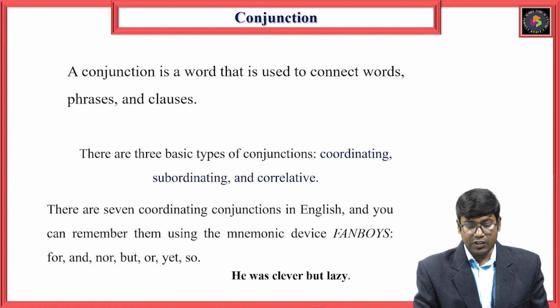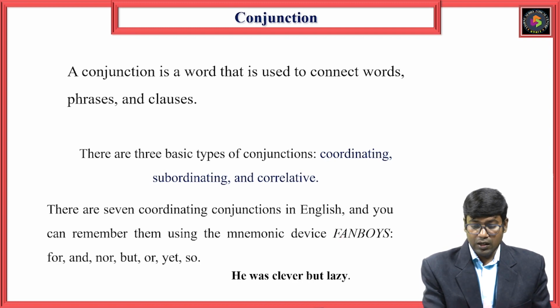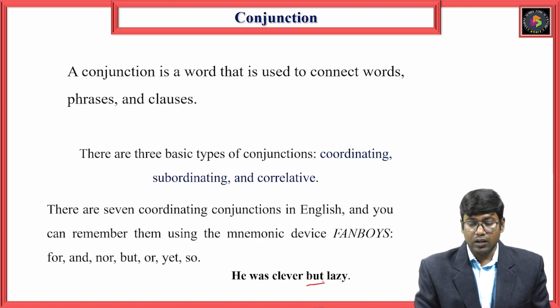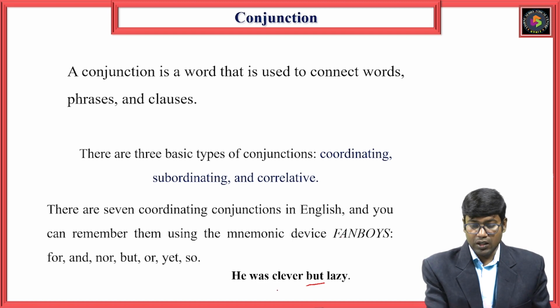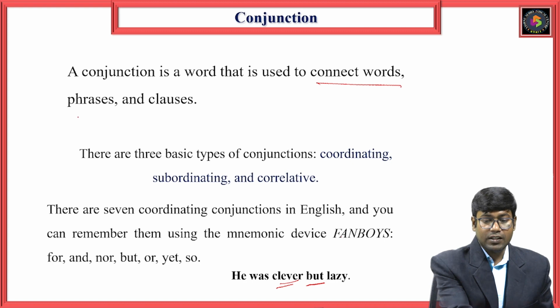This is one type of example: He was clever but lazy. Now this 'but' is a coordinating conjunction, where it connects two words. One is clever, another is lazy. So you can understand that it connects words, phrases and clauses.